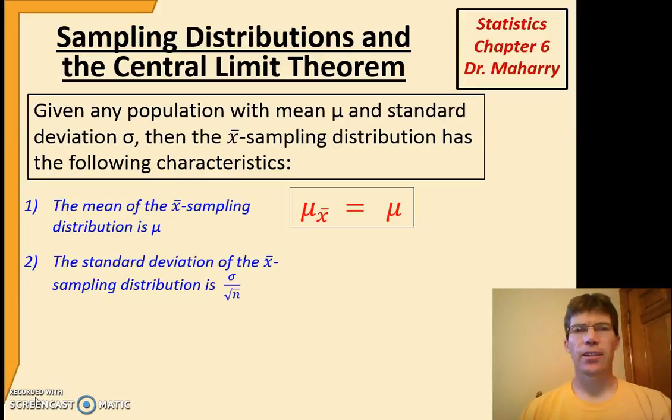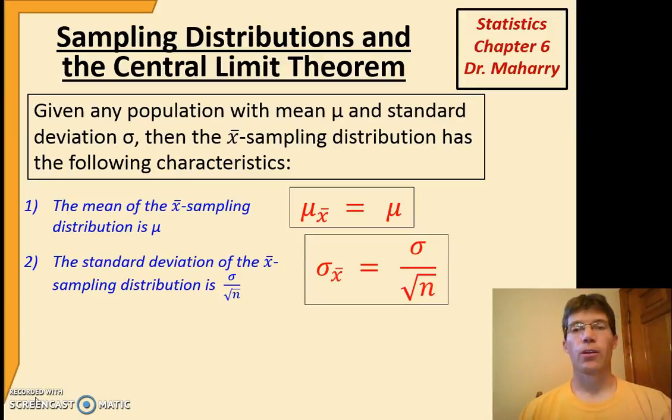The second result is that the standard deviation of the X bar sampling distribution is sigma over the square root of n. Or again in notation, sigma sub X bar equals sigma over the square root of n. If you think about it, two notes here. If I start with that example, drawing numbers from this box, how spread out these X bar values that I'm calculating are will inherently be somewhat dependent on the population standard deviation that we started with.